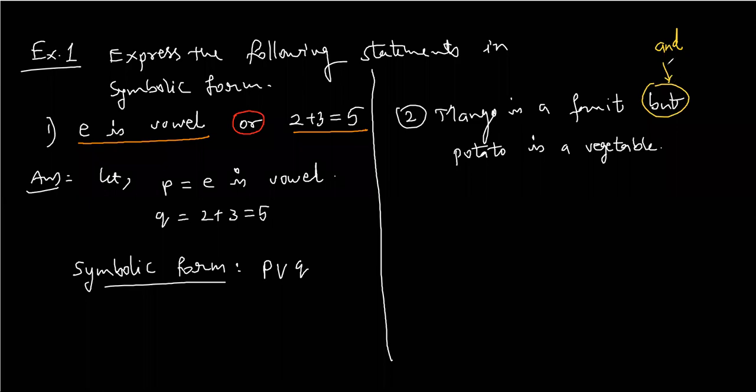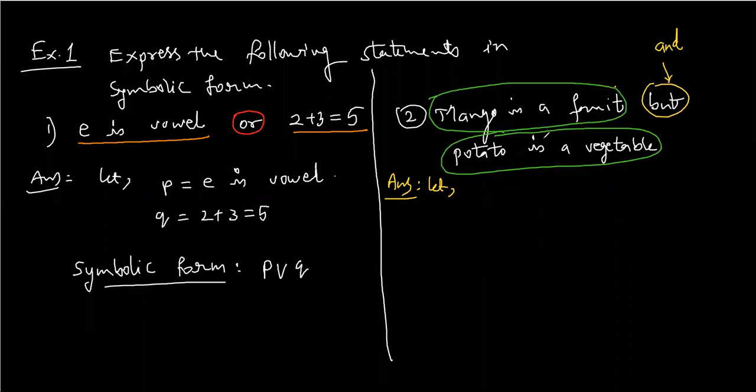We are using "but" here for "and". So once again, we will begin the answer. We will write: let P be "mango is a fruit", and Q be "potato is a vegetable".